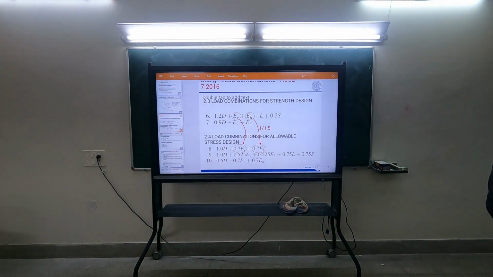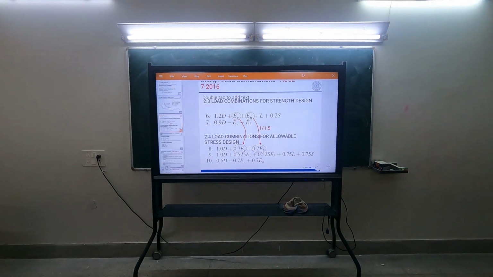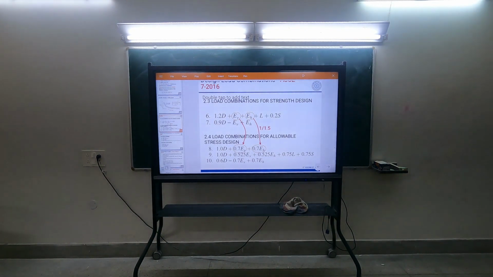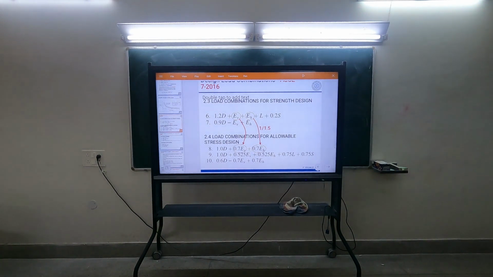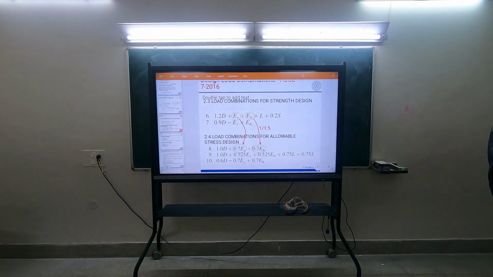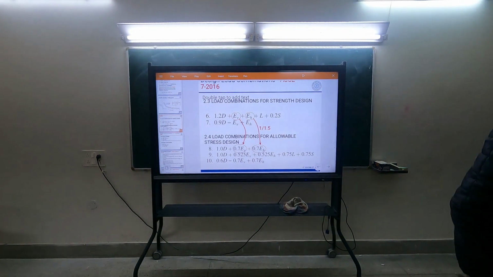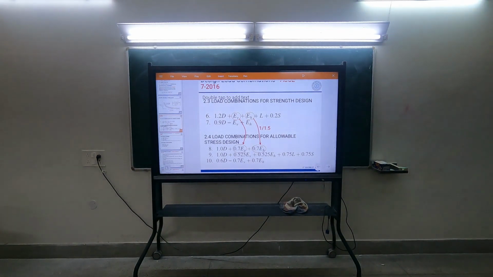You design using limit state and then test in the lab. What do you expect? Shall it fail at the same strength? Let us say I test 100 beams. Okay, not one, because in one beam, experimental errors may be there. So if I test 100 beams, what strength are you expecting from those 100 beams? Average strength, let us say.